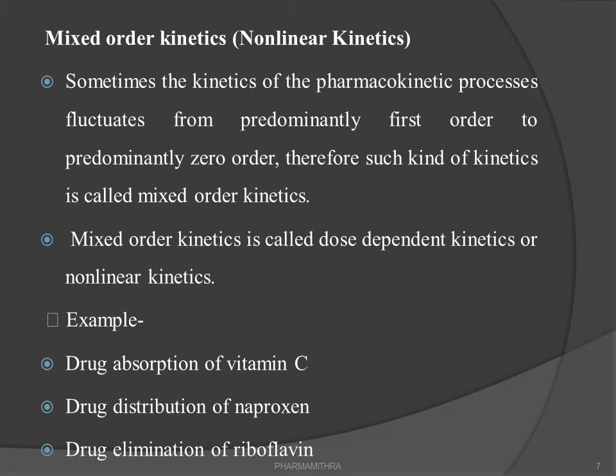These non-linearities can be seen in drug absorption of vitamin C, drug distribution of naproxen, and drug elimination of riboflavin. The non-linearity phenomenon is seen when the process is substrate specific and has a definite capacity, and at high concentration the system becomes saturated or capacity limited. The kinetics of such a capacity limited process can be described by Michaelis-Menten kinetics.